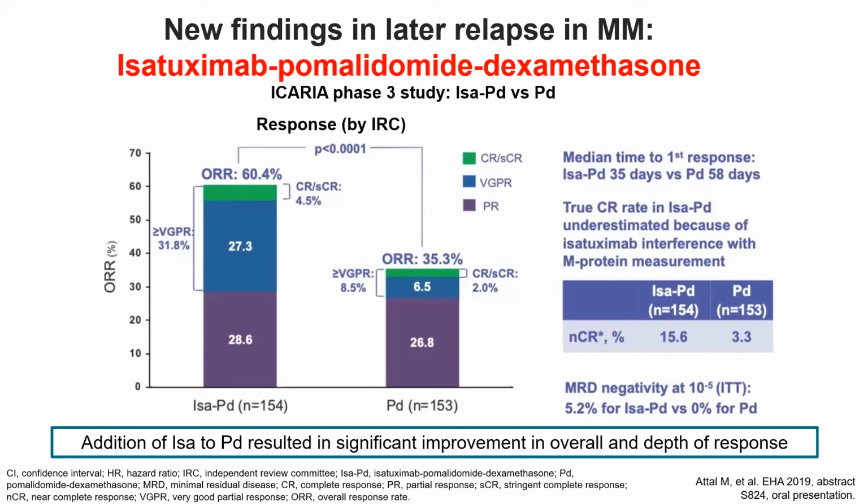As you can see from the slide, the response is really very good, with an overall response rate of 60.4% versus only 35.3% in the control arm. In fact, the addition of Isa to Pd resulted in significant improvement in overall and depth of response. Next one, please.